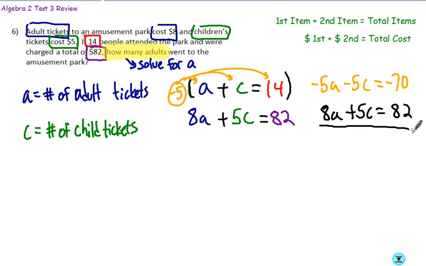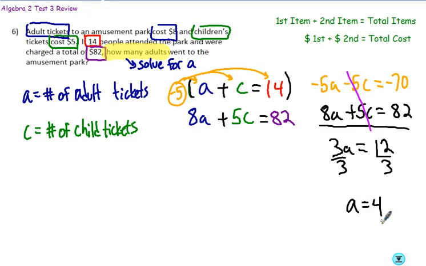And now we see that the C's will cancel each other out. So I can cancel the C's out, and then I'm just going to add up the two equations. So negative 5 plus 8 would give me 3A. 82 minus 70 would give me 12. So then I'm going to divide both sides by 3. So I get A is equal to 4.